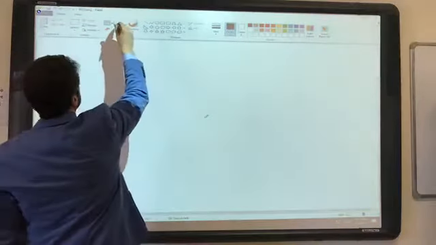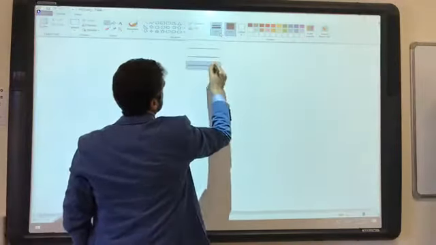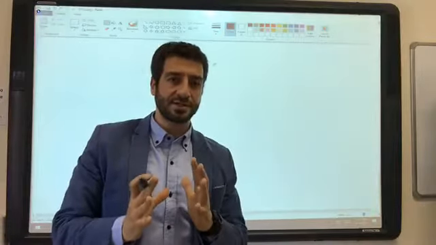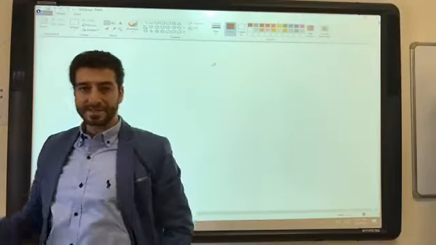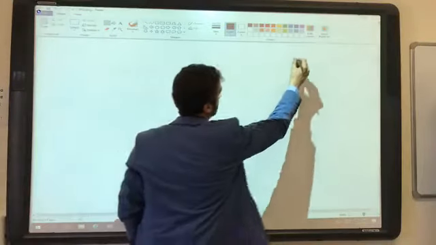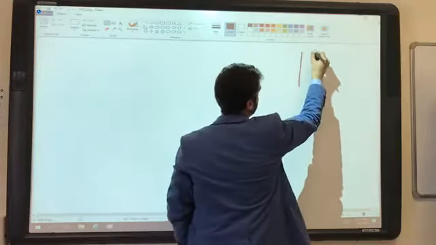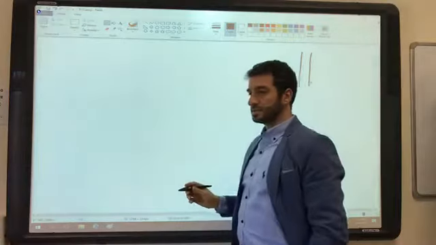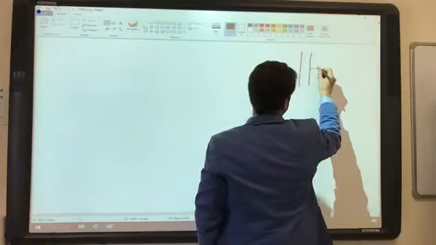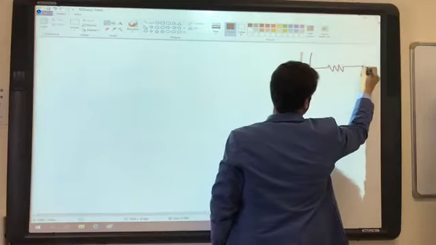So we're going to continue what we have already begun with. And now we're going to see the capacitor's charge. The capacitor has two parallel plates, and these two parallel plates are connected with a resistance.